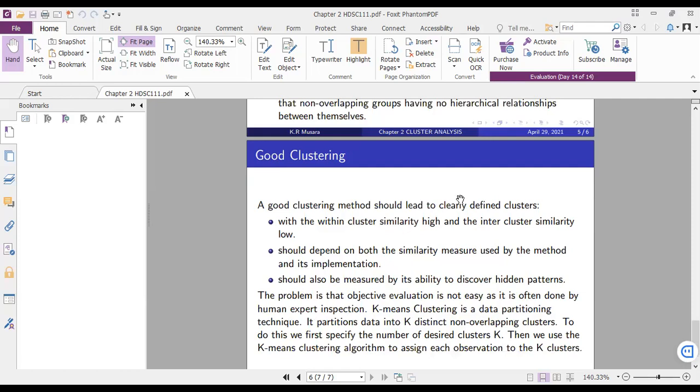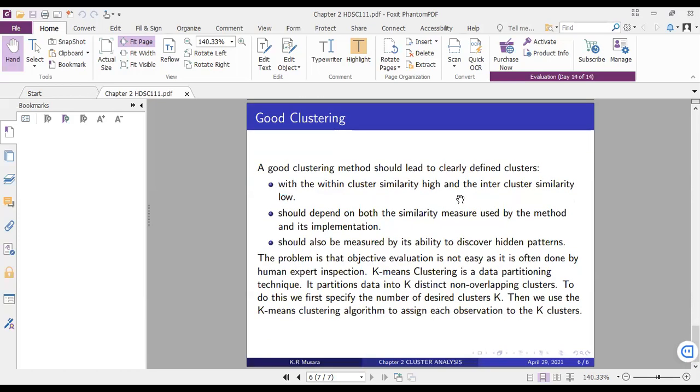And then, good clustering. When do we say a cluster is good? This is what you are expected to know, because when we start doing the programming, you have to know how these clustering techniques behave.